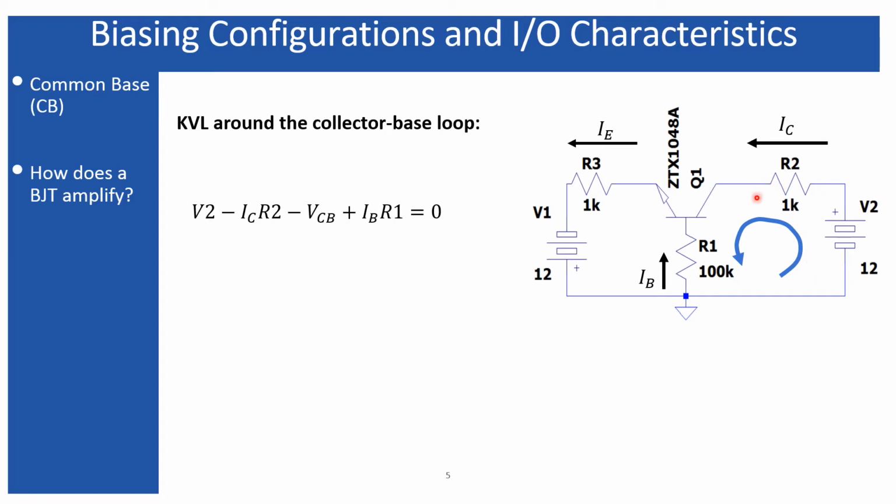Next, the potential at this branch is IC times this R2, with a convention that this terminal is positive and this terminal is negative, because IC enters through this terminal and leaves through this terminal. Therefore I am moving from the higher potential to lower potential, and according to my convention I should include a negative sign before that.